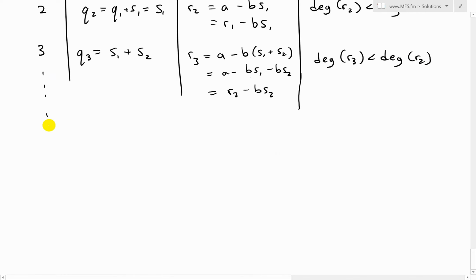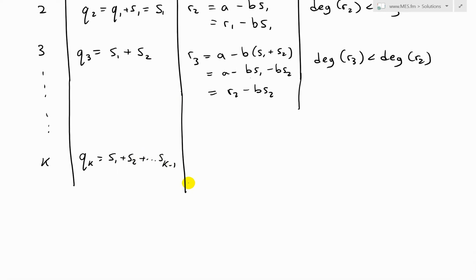Now we just keep this method all the way until we get to K. So here the kth row, we have now Q of K is going to be equal to S1 plus S2. It's always one less, so plus dot dot dot, and then we get eventually SK minus 1, so the previous one there. And likewise here, this goes all the way down until we get R of K, which is going to equal to RK minus 1, and then minus BSK minus 1.